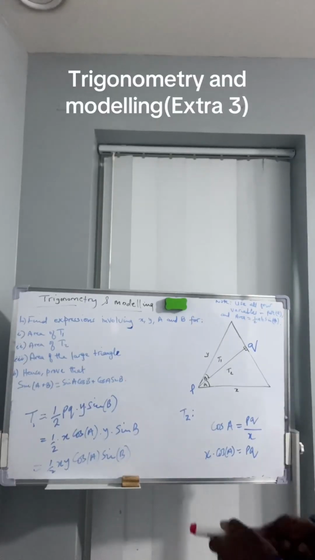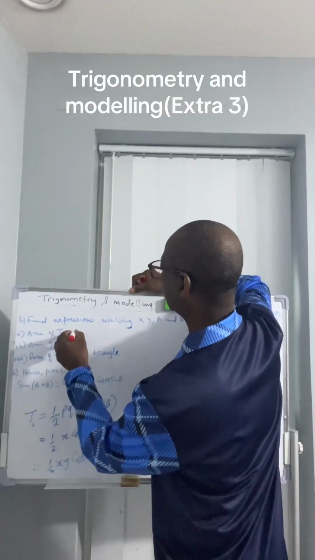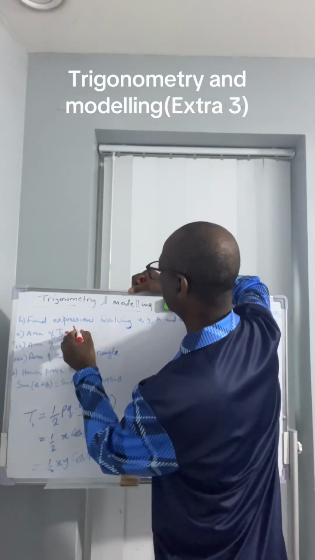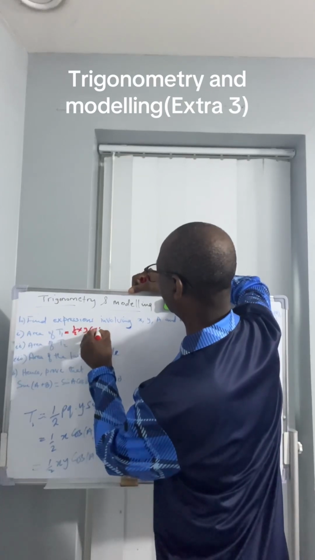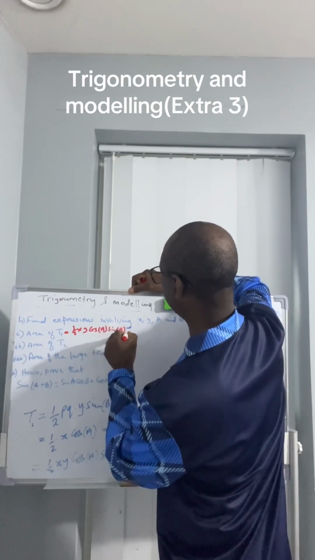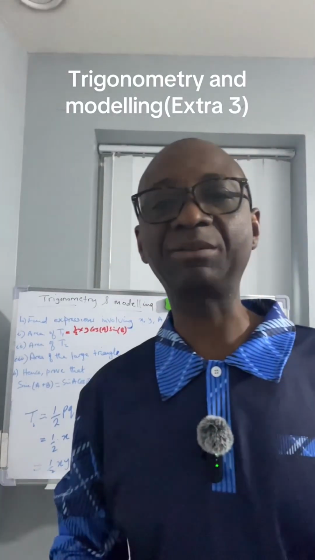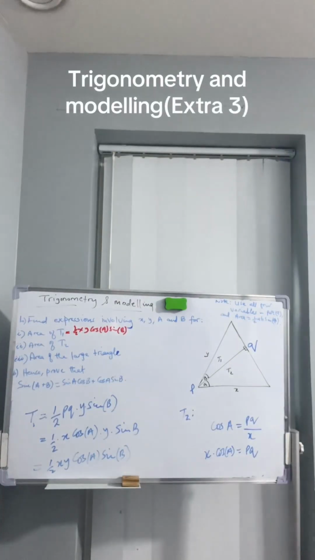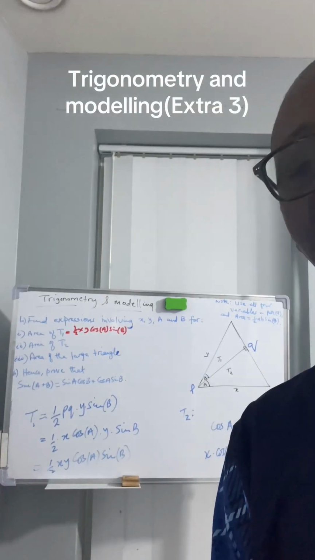In that case, we now have this answer here: T1 equals 1/2 xy cosine of A sine of B. That is the answer to problem 1. Thank you for watching. Follow the next video for the second part.